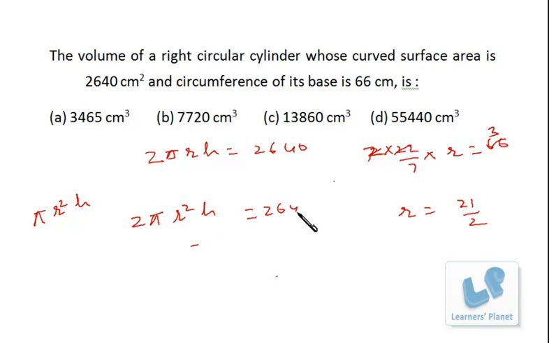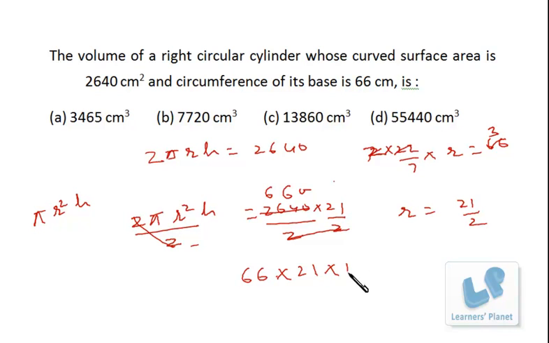So that is 2640 into 21 by 2. Just divide both sides by 2 and you will get the value of pi r square h. So pi r square h is 2640 into 21 by 2 by 2, right? So that is 660 into 21. Further, you can calculate the unit digit and eliminate the remaining options.